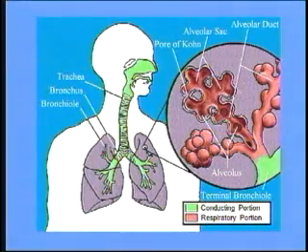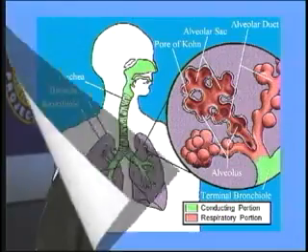That is, we're talking about the respiratory bronchioles, the terminal bronchioles, and the alveoli or air sacs themselves. This is where gas transfer takes place between a gaseous medium and the blood. This is where oxygen gets into the blood. This is where carbon dioxide leaves the blood and gets back into the airway.